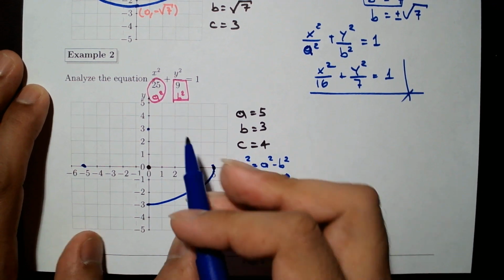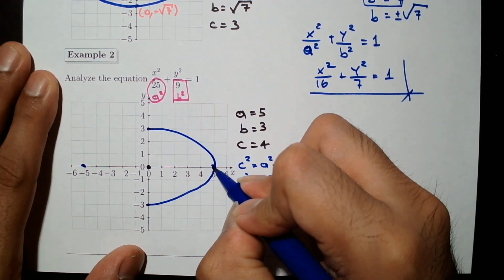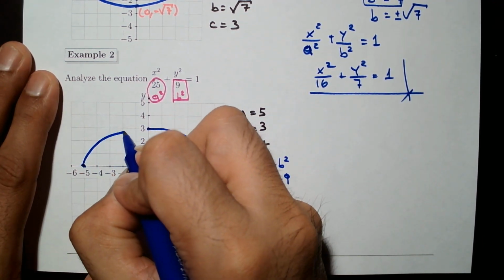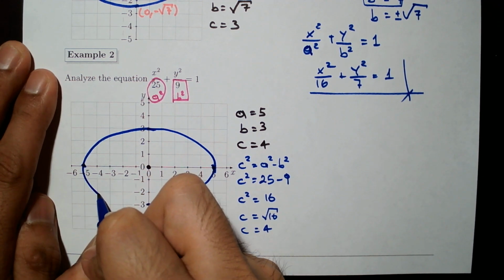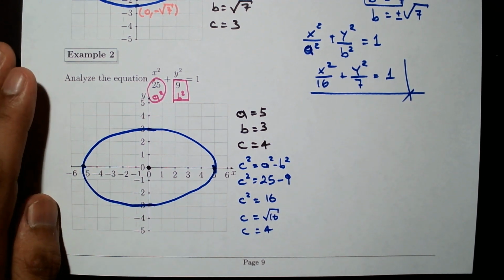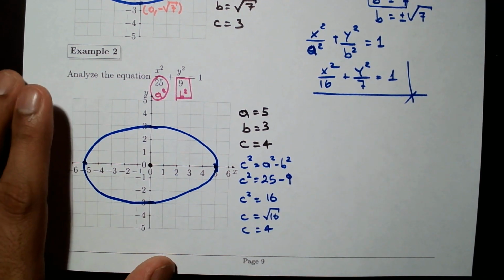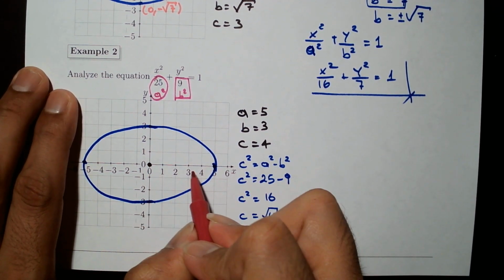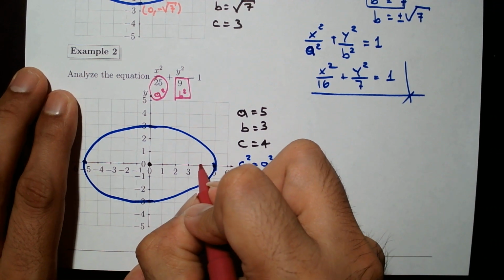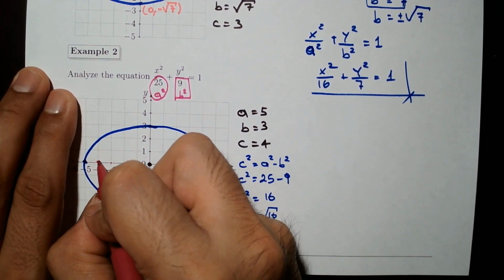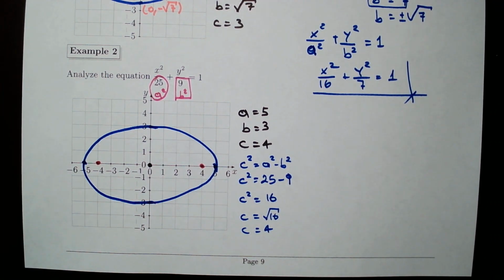So we can draw our ellipse. And then C is going to be our focal distance. That is the distance from the center to the focus, which is going to be here and there.